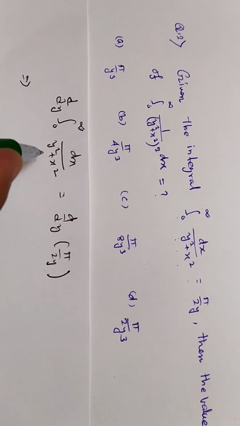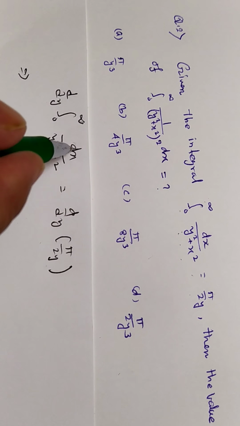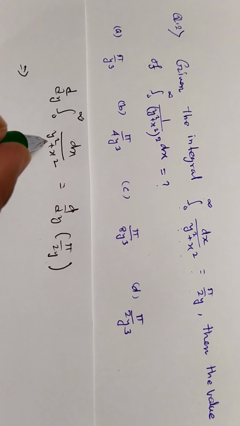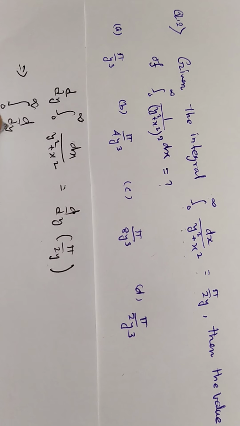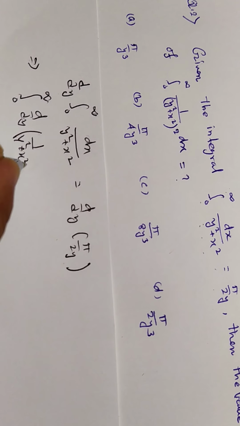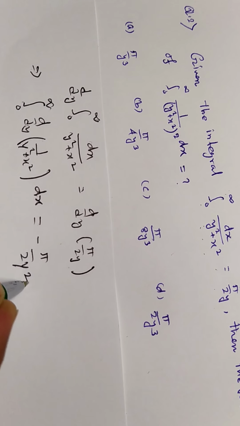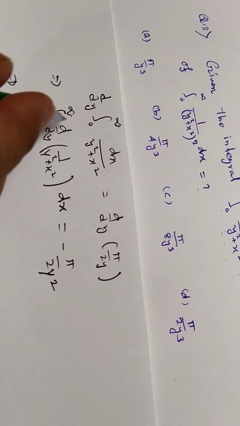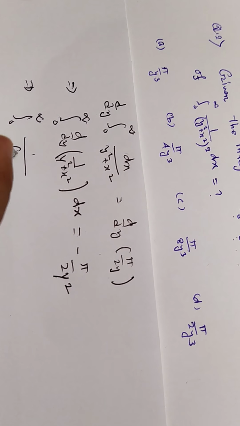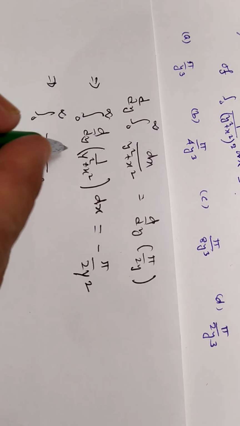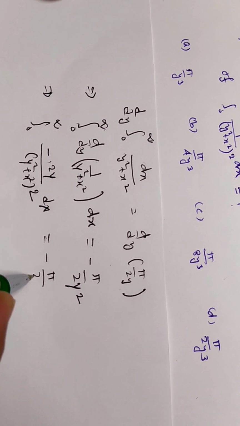Now on this side, the integration is over x but the derivative is with respect to y, and since they are independent, I can perform the derivative first and then carry out the integration. Therefore we can write the integral 0 to infinity of d dy of 1 by y square plus x square, dx, equals minus pi by twice y square. Now here it is 0 to infinity, and in the denominator it should be y square plus x square whole square, and then minus twice y dx equals minus pi by twice y square.